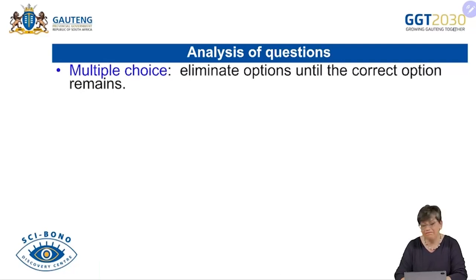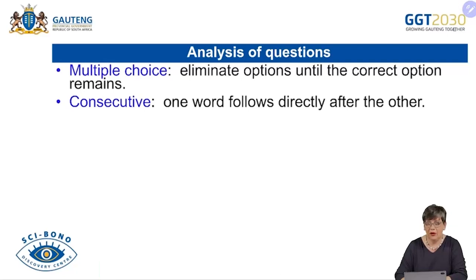If it's not, then scratch it out until you find the absolutely correct answer. Now remember, as we said, consecutive means one word that follows the other. It's not random words, it's literally words that follow each other. Always remember that.